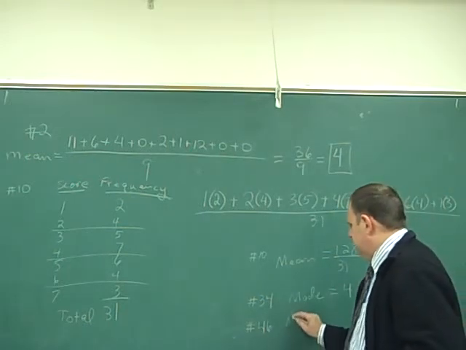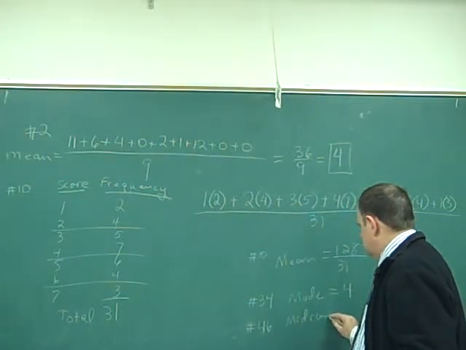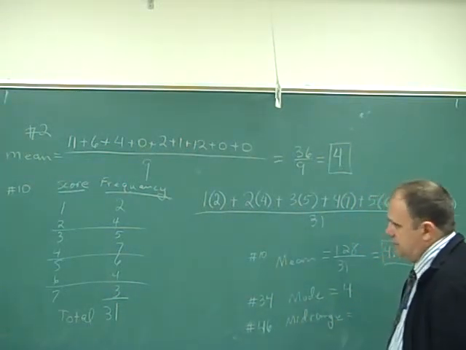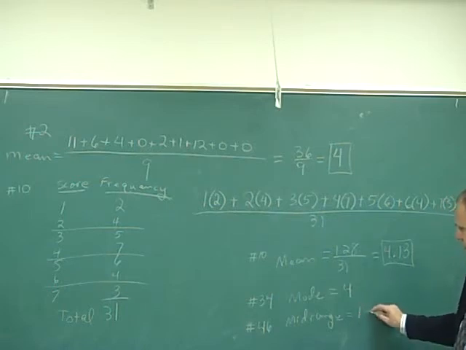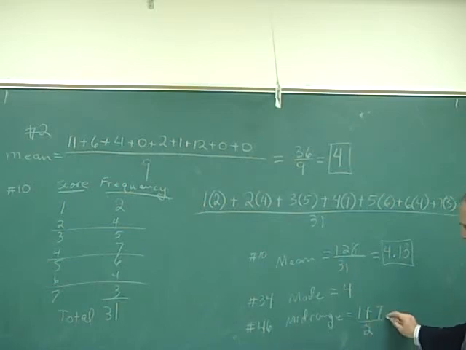So the mid-range would be, the least number is 1, right? What's the highest number? 7, right. Divide that by 2, and so that would give us 4. So our mid-range is 4. So mid-range here, we're not taking into account frequency. We just want to know numbers 1 through 7. Okay, questions with that?